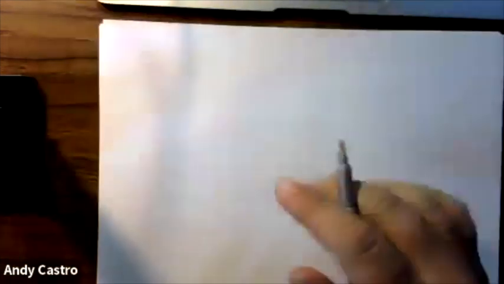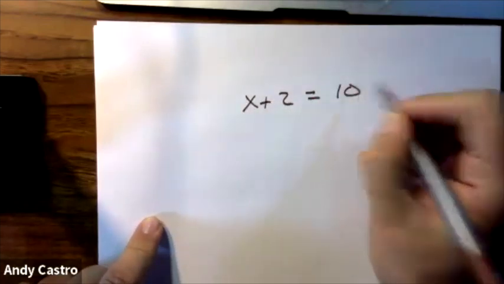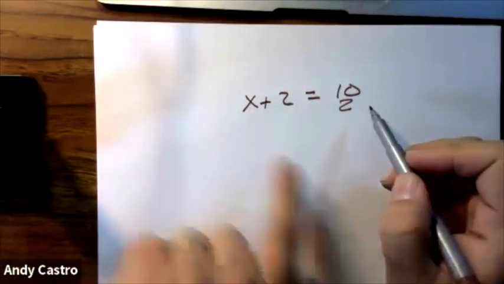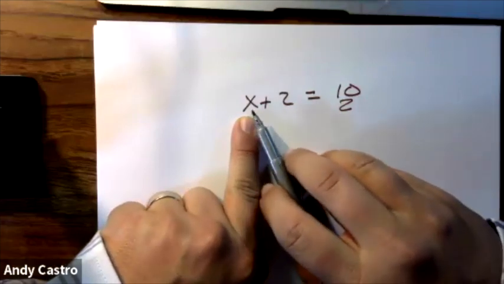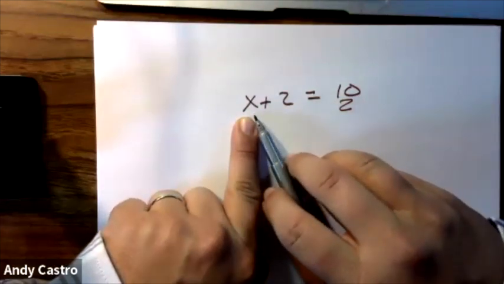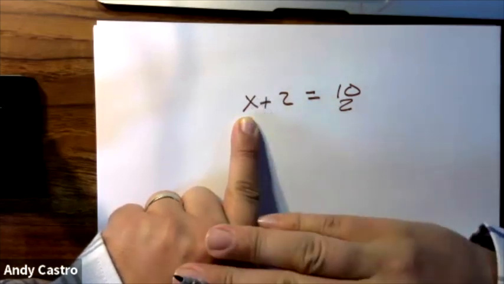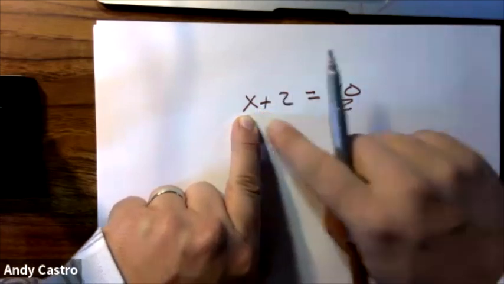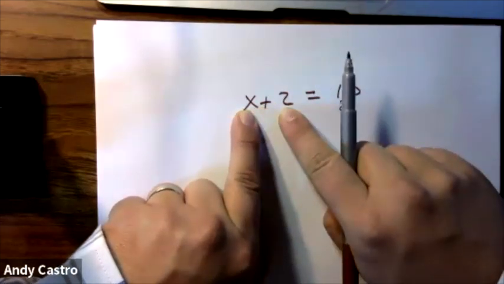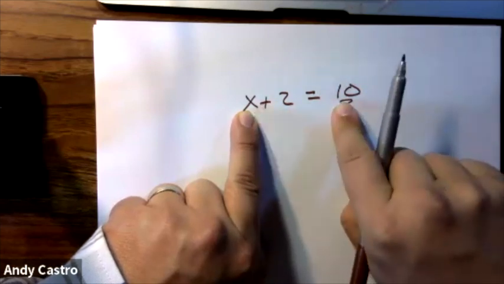Now, as soon as I take x plus 2 and I set it equal to a number, now x is an unknown variable, but it can only be one thing. Because now I can't put anything I want in for x. I can't just say x is 7. Well, why not? Because 7 plus 2 is 9, and 9 is not 10. This has to be 10.